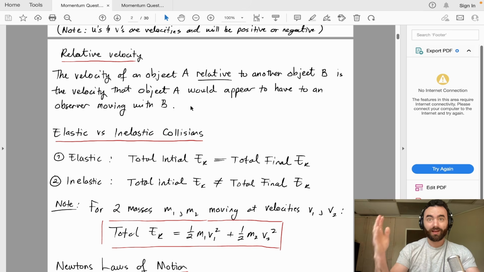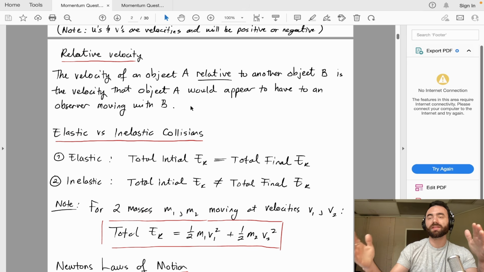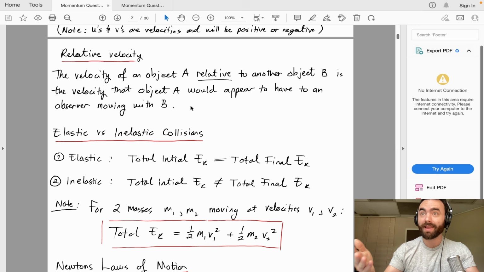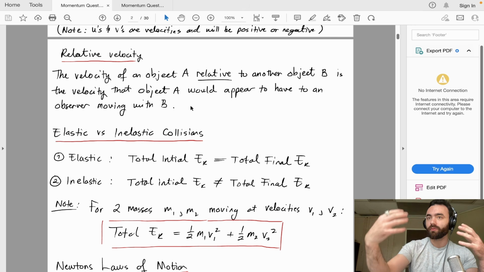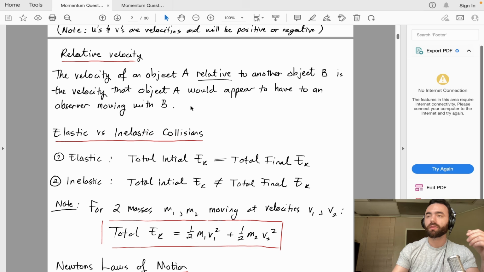If you were moving with the ball, this ball moving towards that ball, it would look like it's moving at 5 meters per second, right? Because it's coming at you at 3 meters per second and you're moving at it at 2 meters per second. So the relative velocity of, let's say, ball A, which is moving towards you, and you're on ball B, it'll look like it's moving at 5 meters per second. So it's just the appearance of velocity.